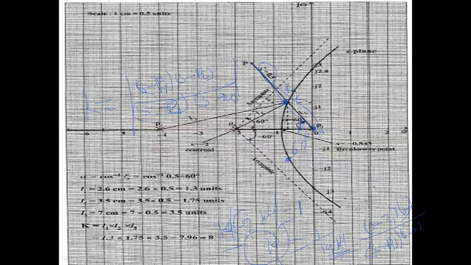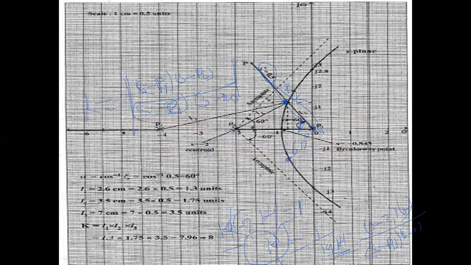What is the magnitude criteria? Magnitude of G of s into H of s is equal to 1. So G of s is equal to K by something, because H of s is equal to unit value. So K is equal to, reverse this one. Previously it was zeros by poles, now that becomes poles by zeros, and its magnitude.